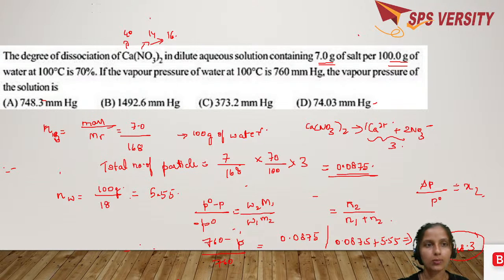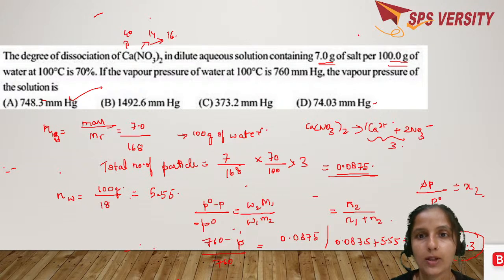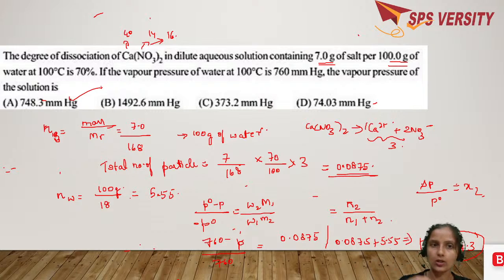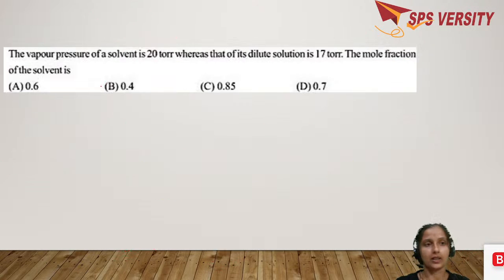So the correct answer would be option A. But if you look at the question, 760 millimeter of mercury, you're adding a salt and definitely the vapor pressure is going to decrease, but it will not decrease by a large amount. So 1492 is almost double, 3472 is almost half, and 74 is by 10. So these values are not accepted. Only vapor pressure reduces by a small fraction. So option A should be the right answer.